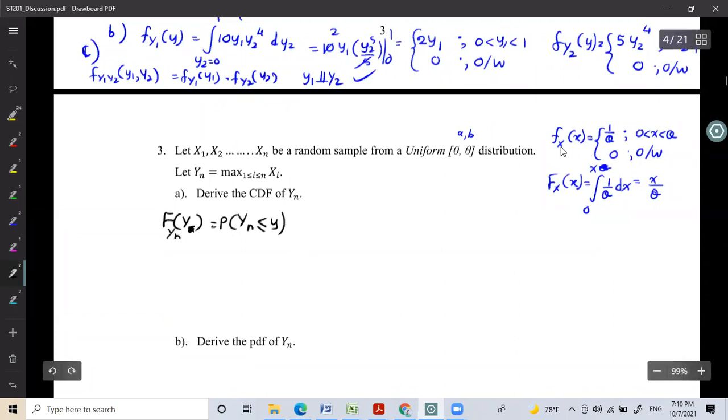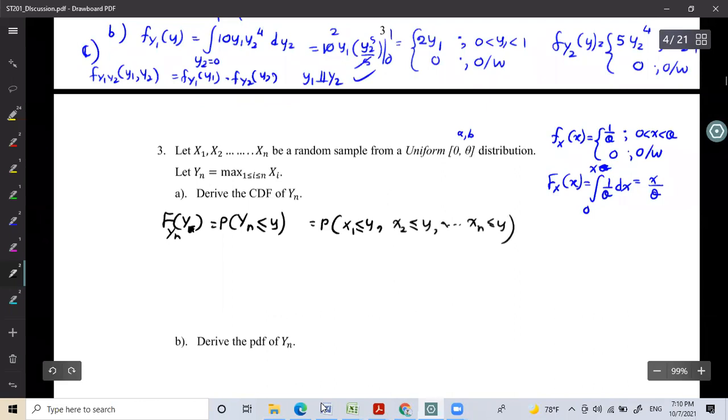Since Yn is the maximum, if the maximum is less than or equal to y, the rest should obviously be less than or equal to y. Therefore X1 is also less than or equal to y, X2 is also less than or equal to y, and so on, all the way up to Xn. Remember the minimum and the maximum in order statistics: when the maximum is less than some number, obviously all the others are less than that number.